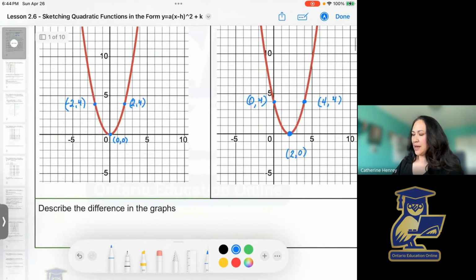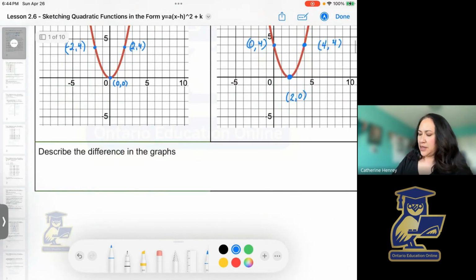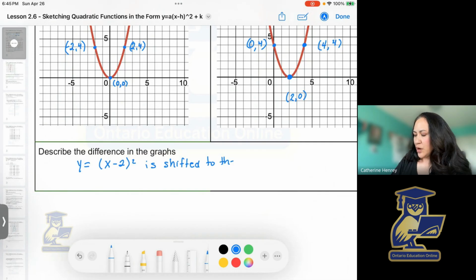So really what's happened here is that the graph y equals bracket x minus 2 squared is shifted to the right 2 units, compared to the original function, or the parent function, y equals x squared.